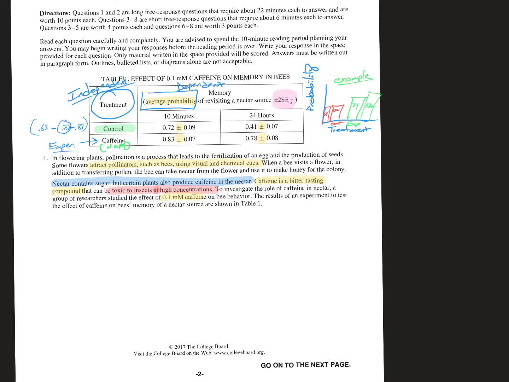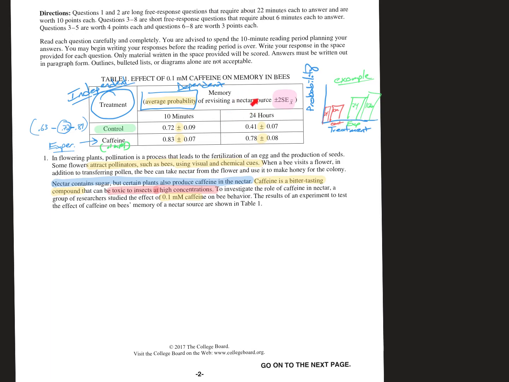And so when you're looking at average probabilities, you're looking at average probabilities from a sample. So obviously you can't look at all the pollinators that are collecting nectar, but you're going to sample. You're going to study a certain number of these pollinators, in this case bees, right? And so you're going to look at how many bees. Let's say you study 100 bees or 1,000 bees.